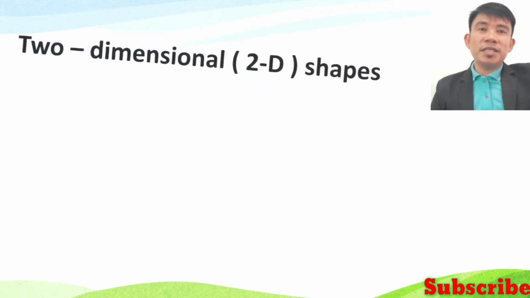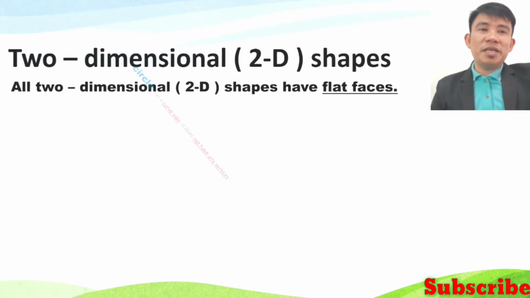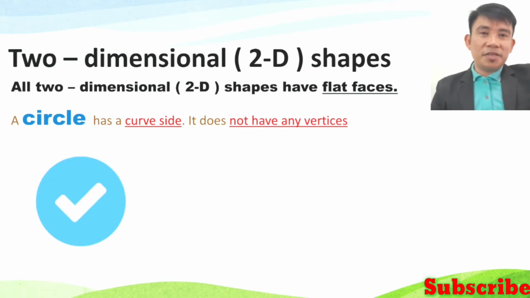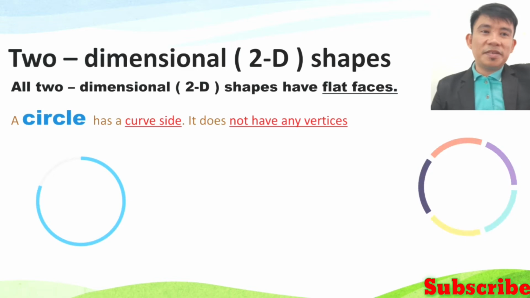And there's another one. We have here a circle. A circle is very different from a quadrilateral and a triangle because a circle has a curved side and it doesn't have any vertices. Let's try to identify. So this one is a circle, another circle.